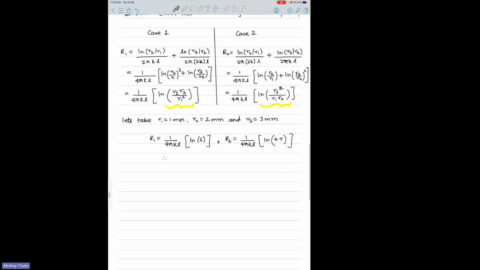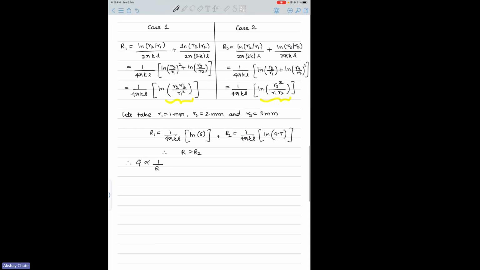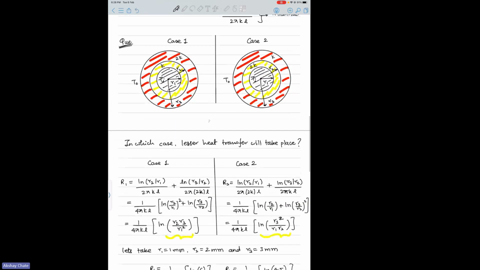So therefore R1 is greater than R2. So we know that Q is inversely proportional to R, right? So that's true for all slab, cylinder, spherical, everything, and therefore Q1 will be less than Q2. So lesser heat transfer will take place.